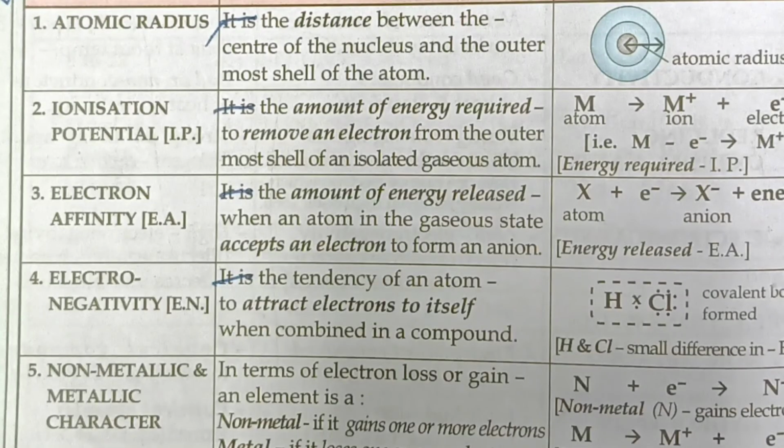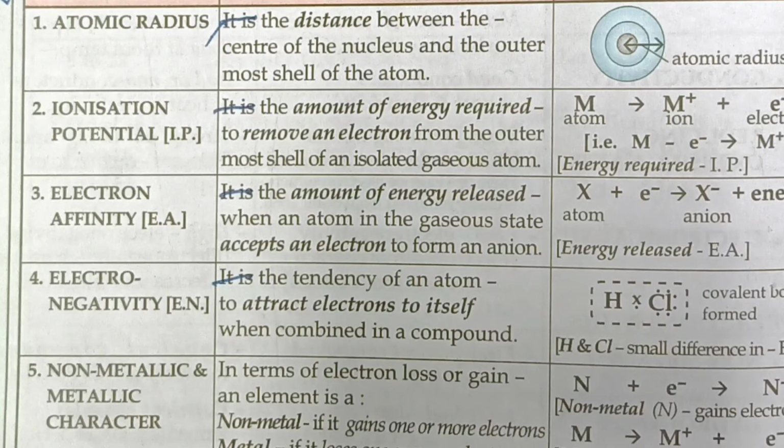Next is ionization potential, the next trend. What is ionization potential? It is the amount of energy required to remove an electron from the outermost shell. How much energy is required to remove the outermost electron from the outermost shell is known as ionization potential or ionization energy.